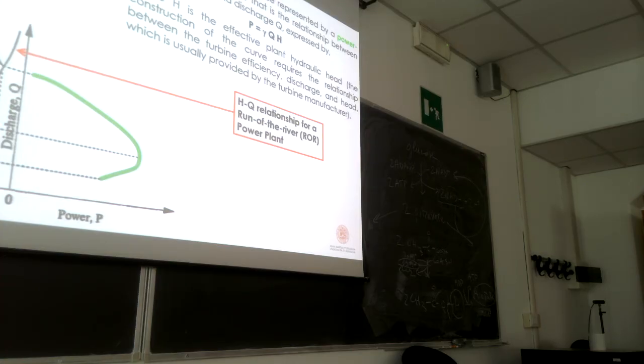Okay. What is rho? Density. Density is 1,000 kilograms per cubic meter. Okay? And gamma is more or less equal to what?